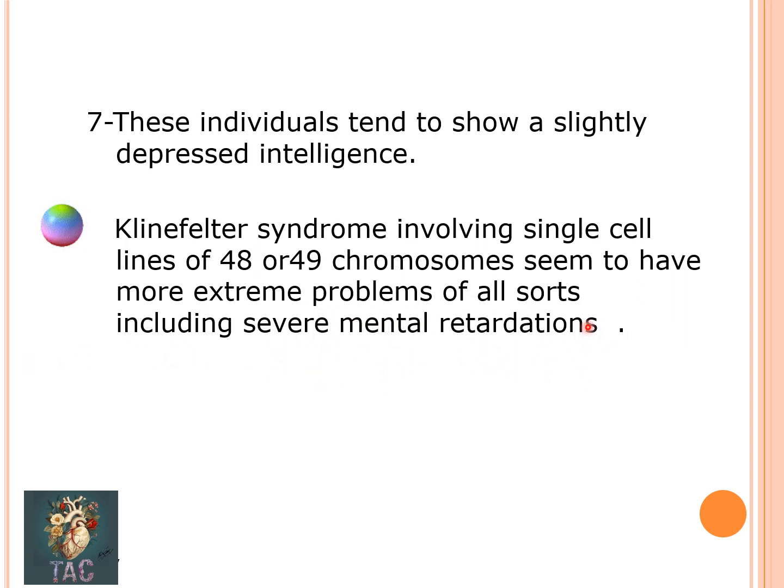As I already told you, any extra X chromosome will lead to severe mental retardation, so in this case, where they have two or three extra X chromosomes, it will lead to severe mental retardation.